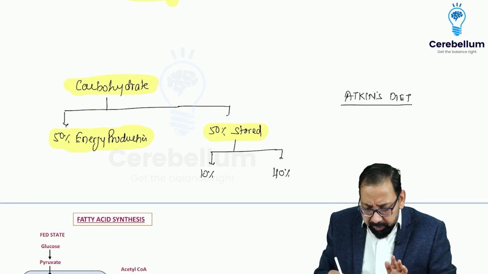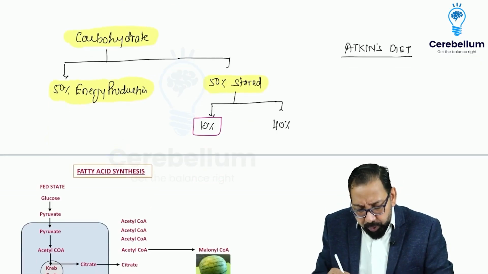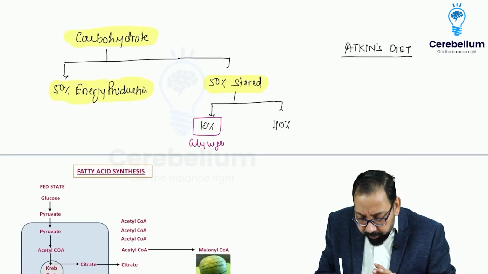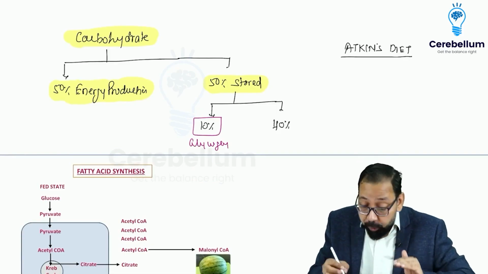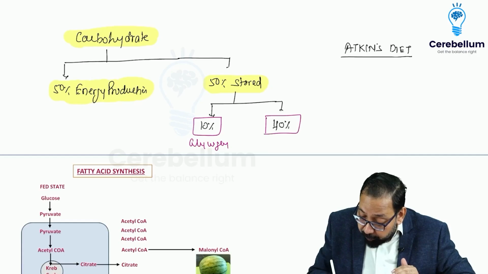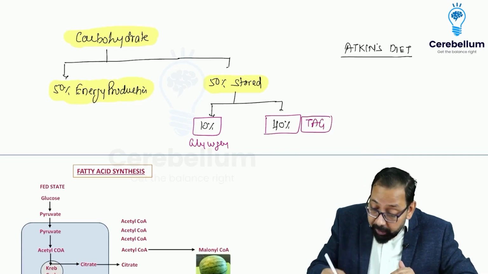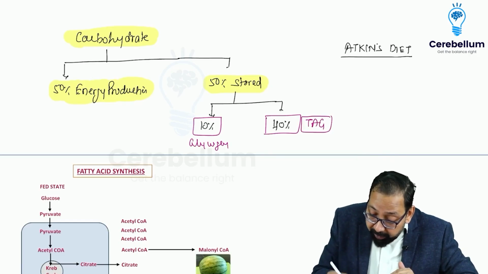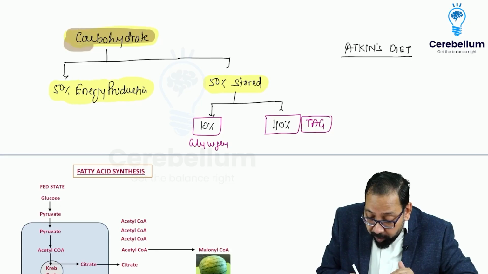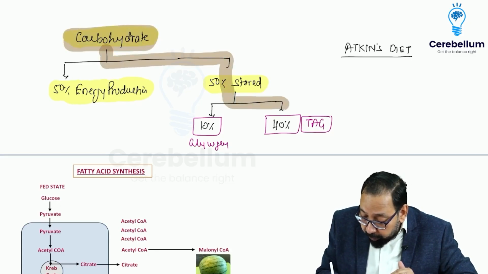Out of this, 10% is stored as glycogen, while 40% of carbohydrate is converted to triacylglycerol, that is fat.